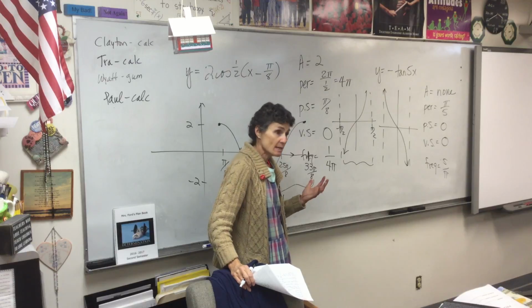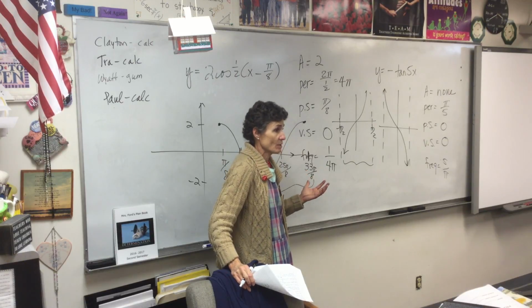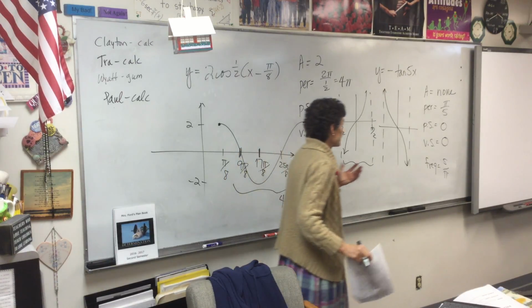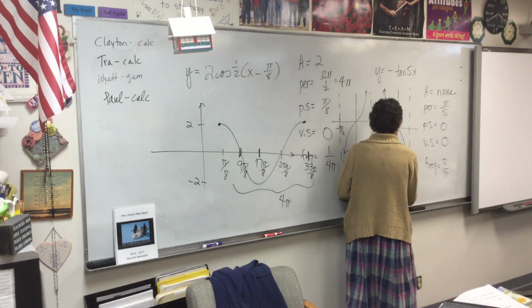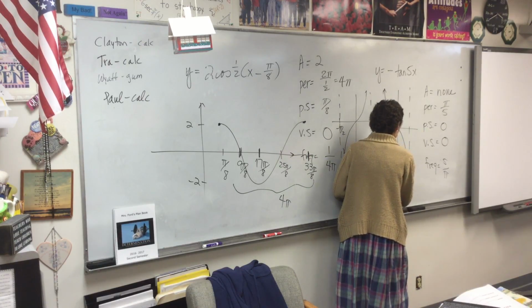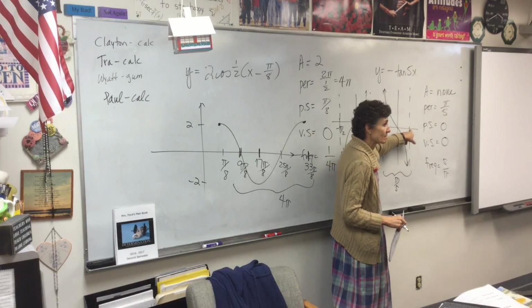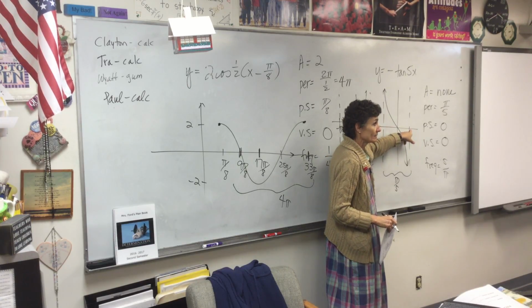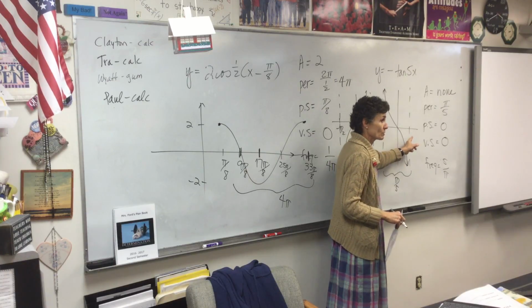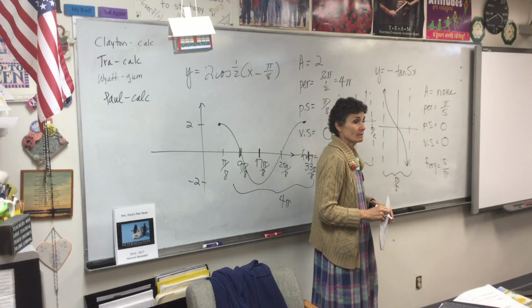The only thing you need to figure out is, where are the asymptotes? Well, that's easy. The period is pi over 5, that means from this asymptote to this asymptote is pi over 5. So what are these labels going to be? Pi over 10.